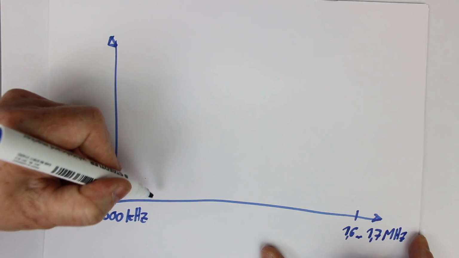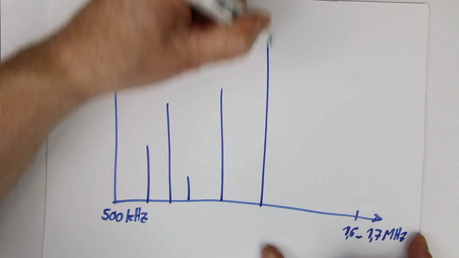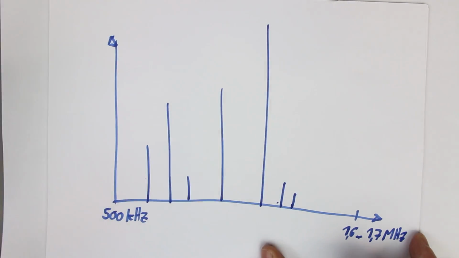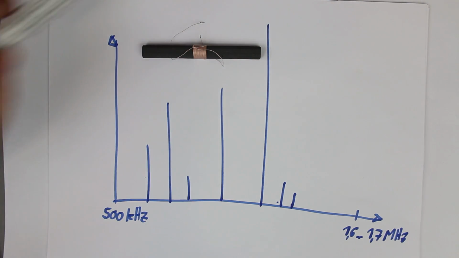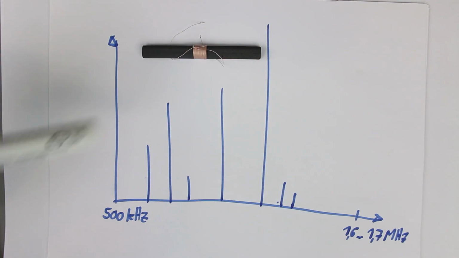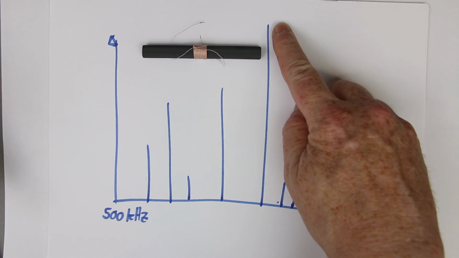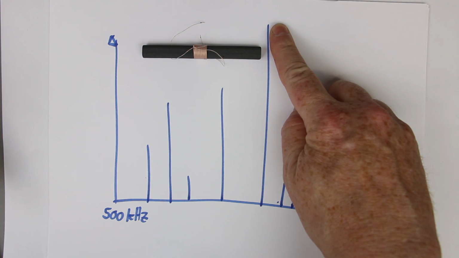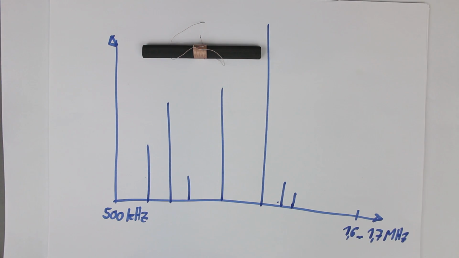And in this band you have a lot of stations with different signal strength, some very strong, some not so strong. If you only take your magnetic antenna, it will receive all of the stations, and what you hear is either a kind of cacophony of all stations together, or if you are lucky, you will hear the one with the biggest energy, with the biggest field strength, which would be this, and the others are a little bit suppressed.